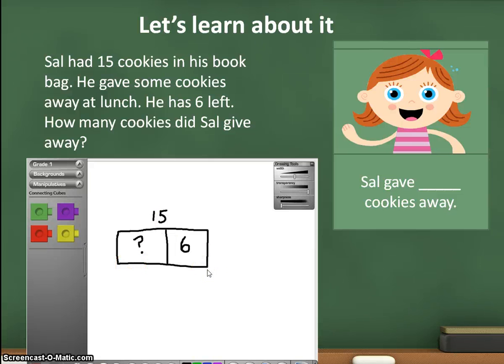Giving away means subtraction, so we can subtract what he had left to see what he gave away. The problem I would use is 15 minus 6 equals 9. Once we find the answer, we write it back in our sentence. Sal gave 9 cookies away. Another problem done. Wow, we are doing great.